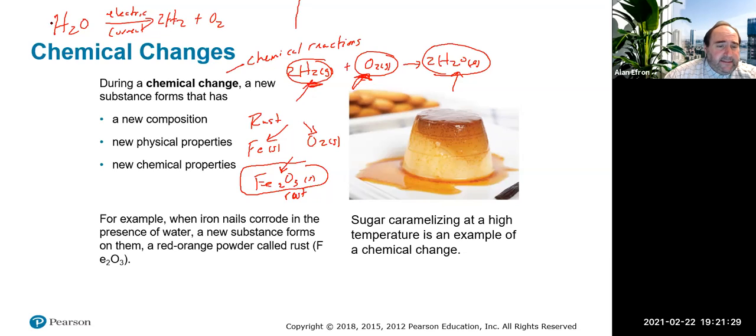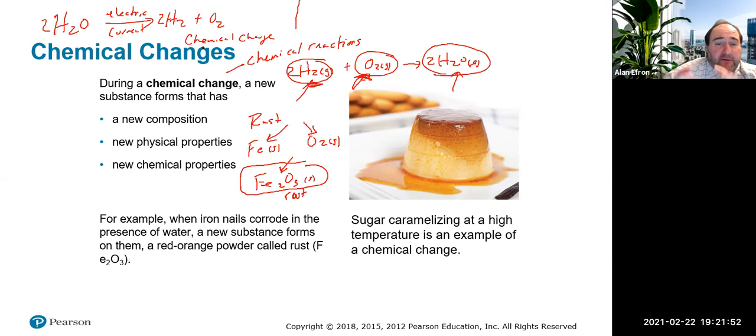And that is also a chemical change. Again, you can't get the water back from the hydrogen gas and oxygen gas through any type of physical means. If you take the hydrogen gas or oxygen gas and just put it in the freezer, you're not going to magically form water.